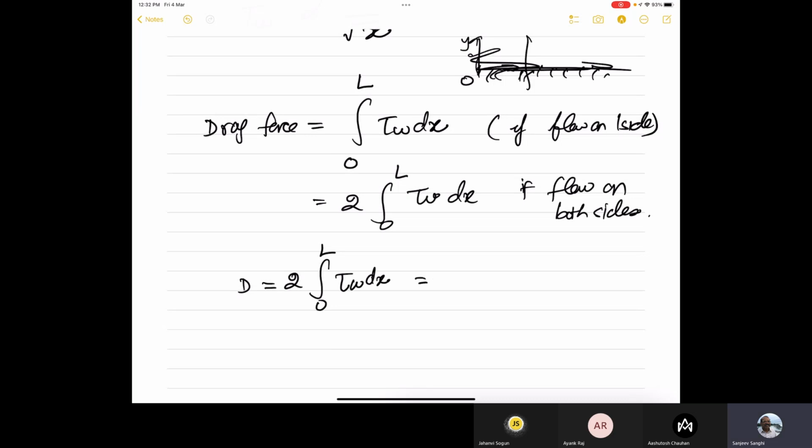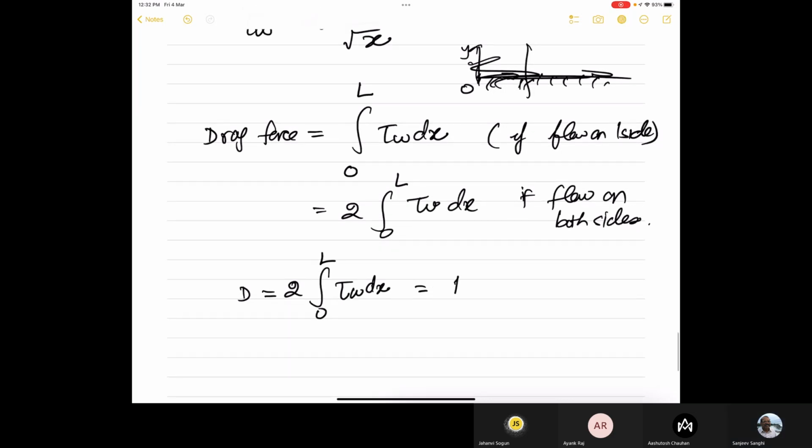and this becomes equal to 1.33 rho u square L times Reynolds number to the power of minus half.